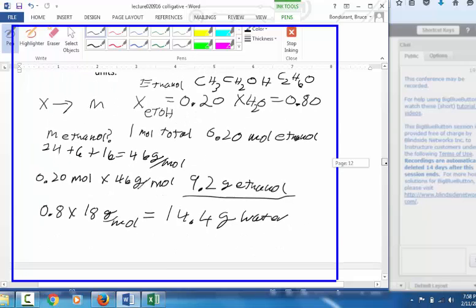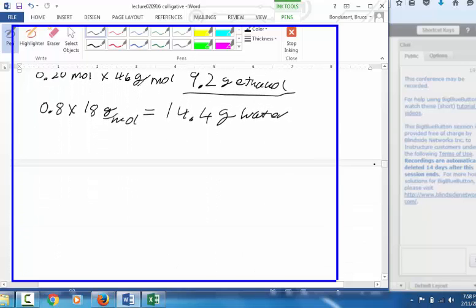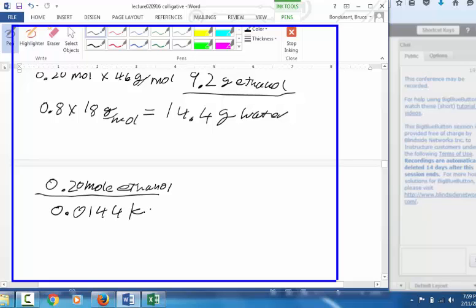So first of all, let's try the molality. I have 0.2 mole ethanol per 0.0144 kilograms of water.